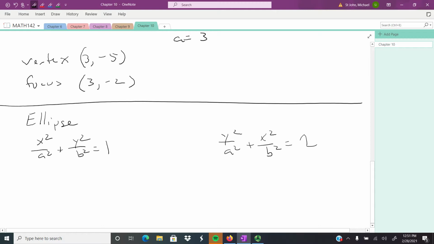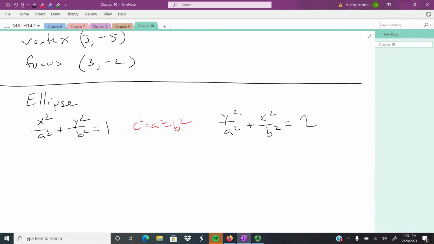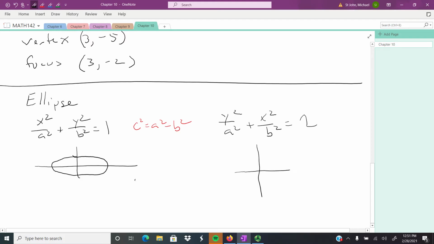What's true for both of these is that c squared equals a squared minus b squared. What does this mean for my ellipse? For this one, this is an ellipse running this way, so the major axis is the x-axis, and this one is an ellipse running this way, so the major axis is the y-axis.